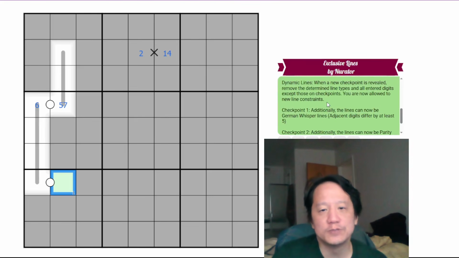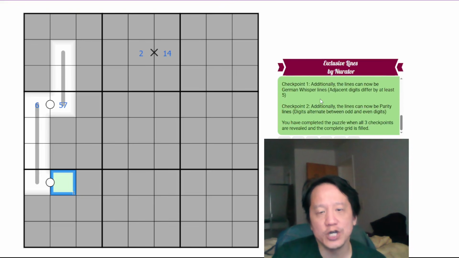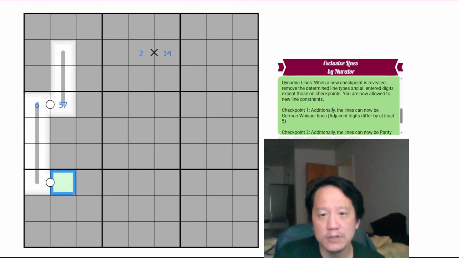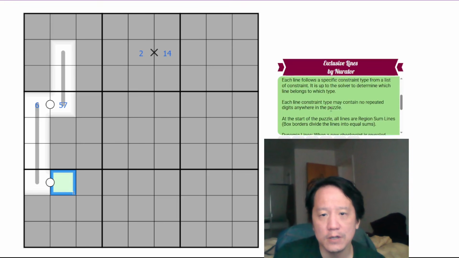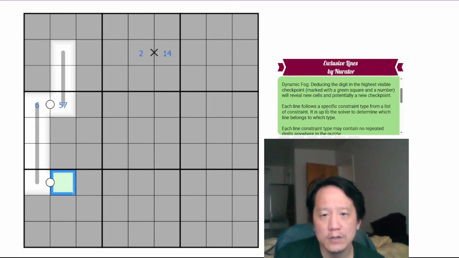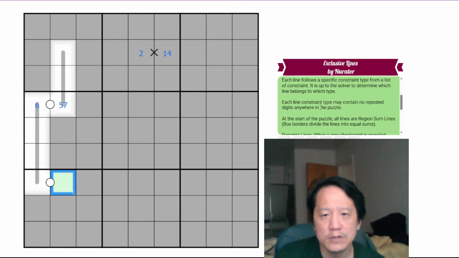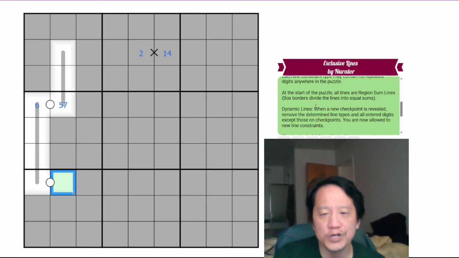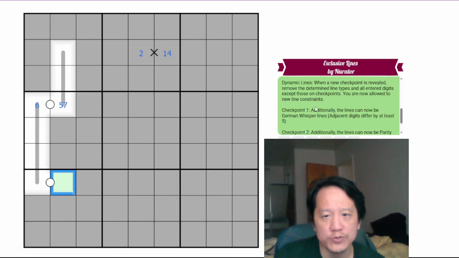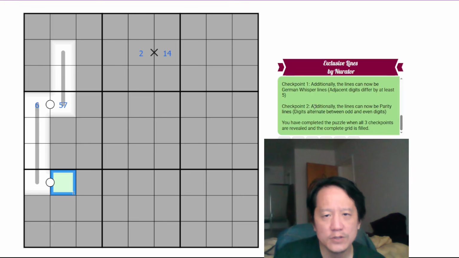So what happens when we get new checkpoints? Checkpoint 1. When a new checkpoint is revealed, remove and enter all.